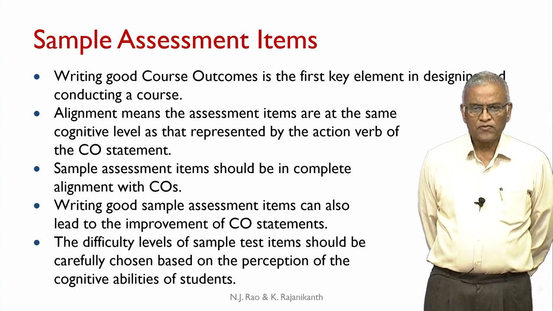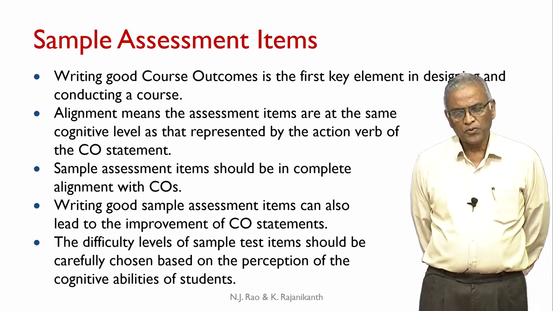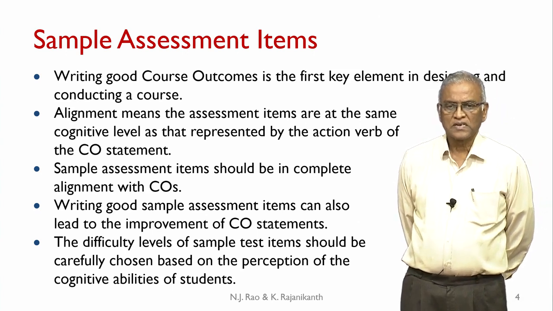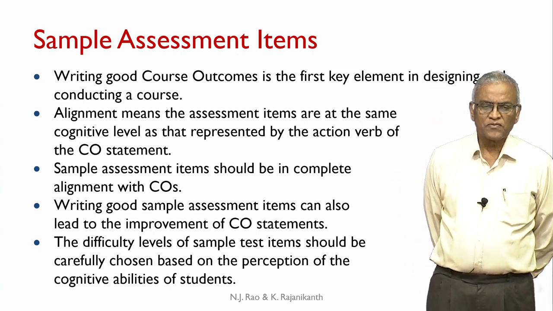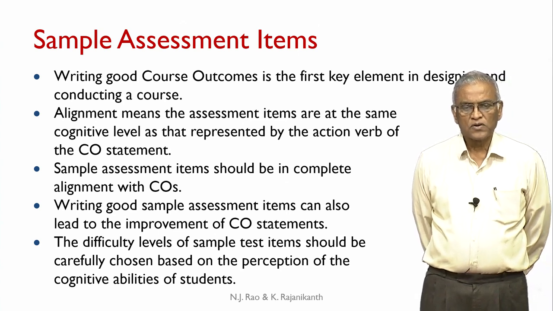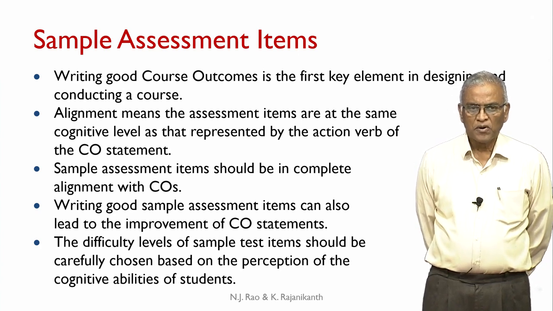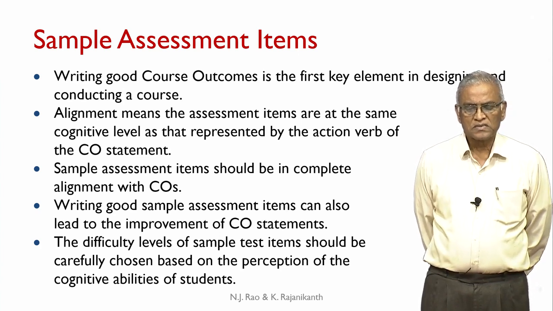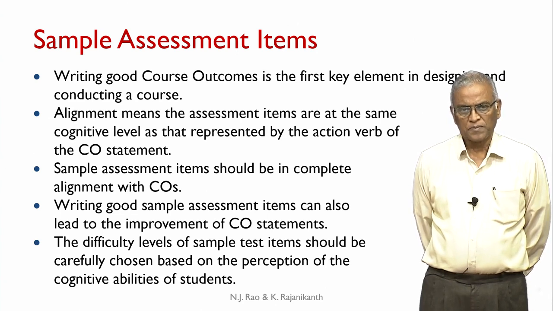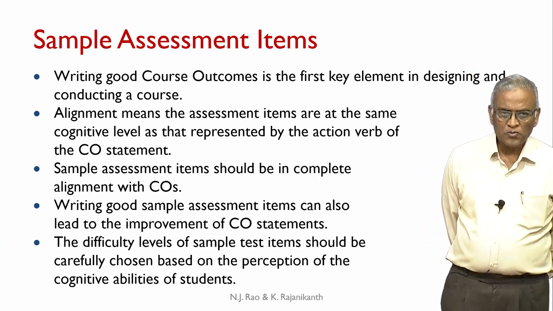That means the level of question, if a student is able to solve questions of this category, and we also provide sample answers as well, and this is the way to be solved. If I can demonstrate that, the student would understand how to exactly prepare to demonstrate that he is attaining the course outcome. Then here we talk about alignment.